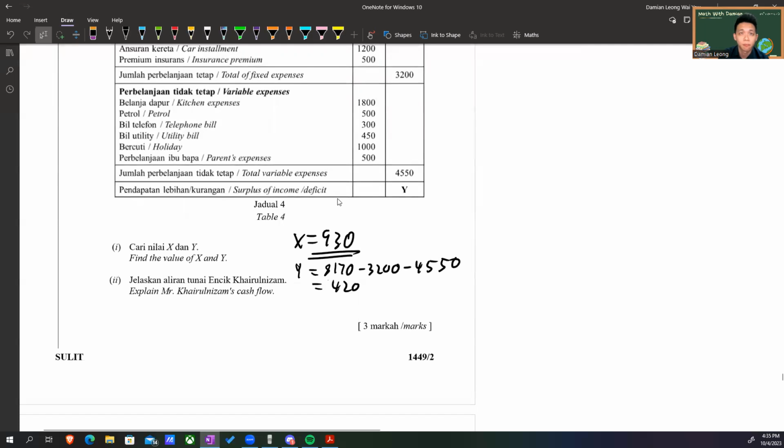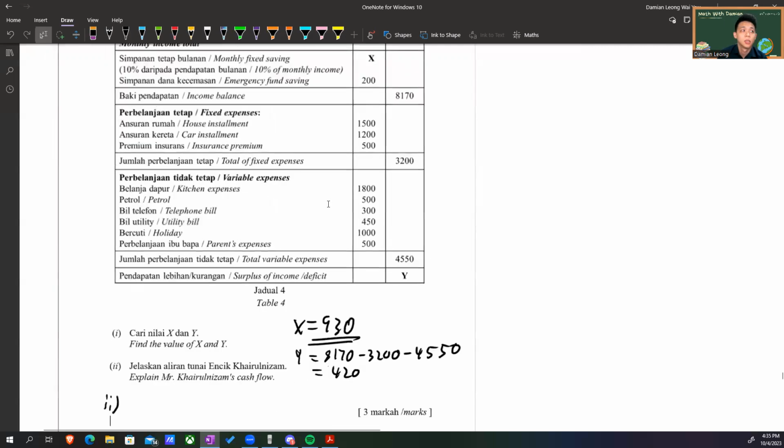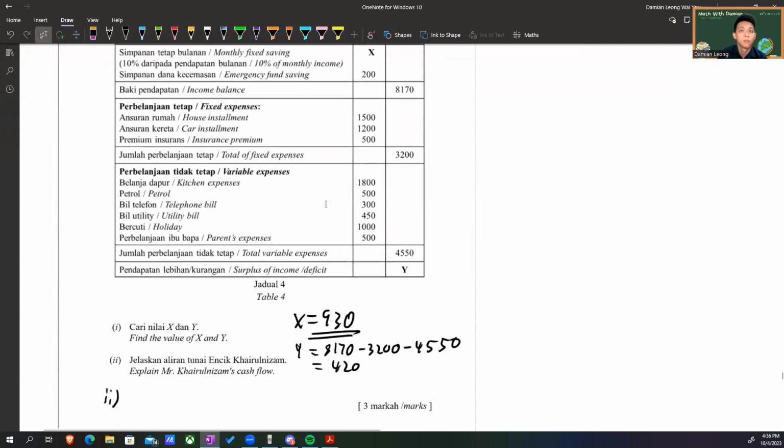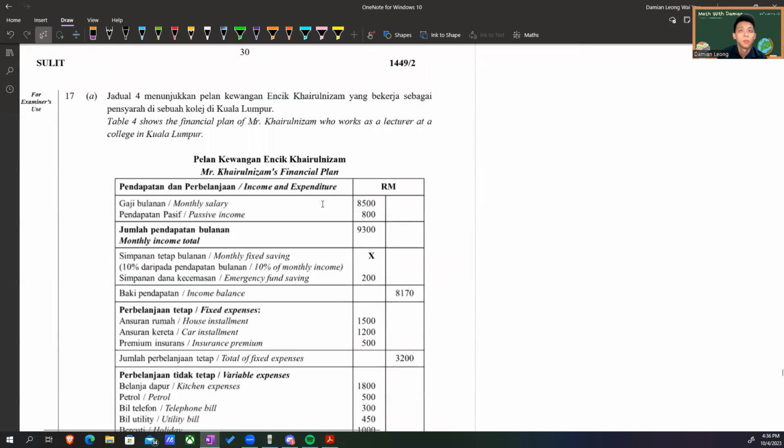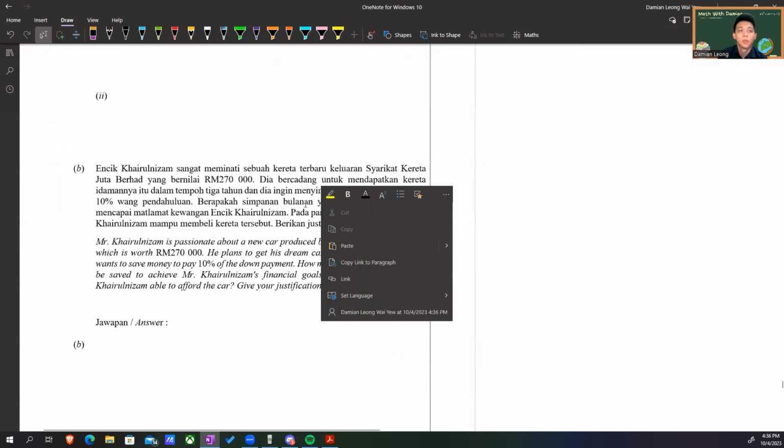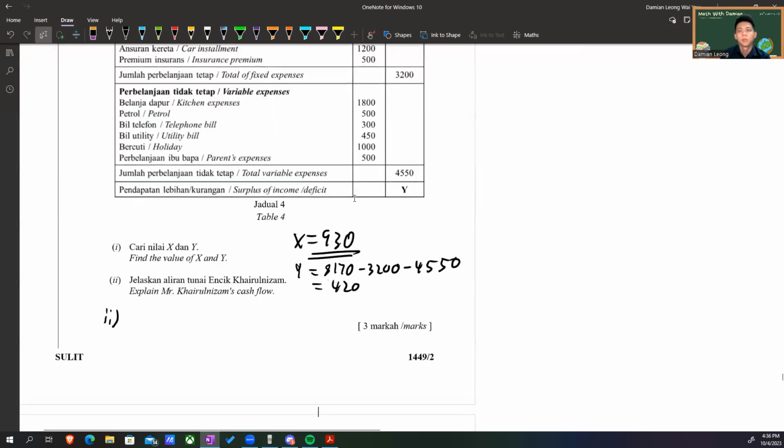That's X and Y. And then explain his cash flow. So 420. Yeah, that's a positive value. So positive cash flow, basically. Okay, it's just positive cash flow.